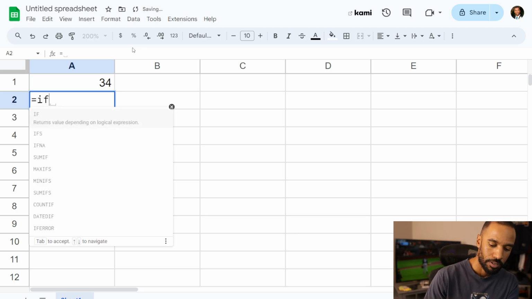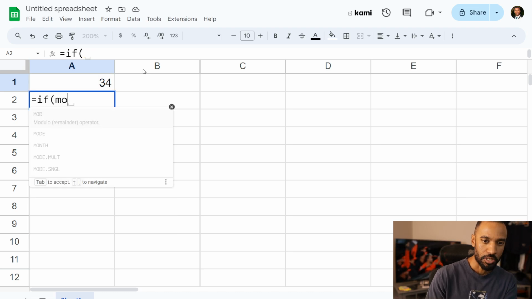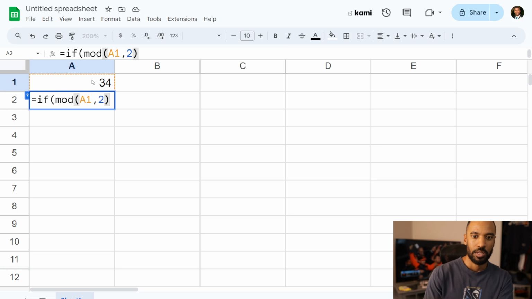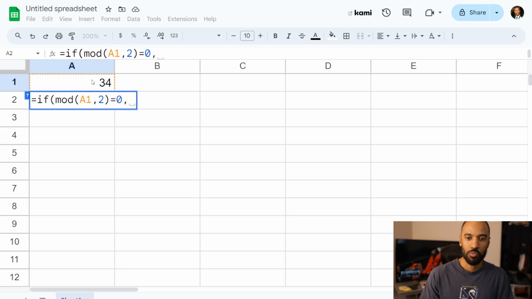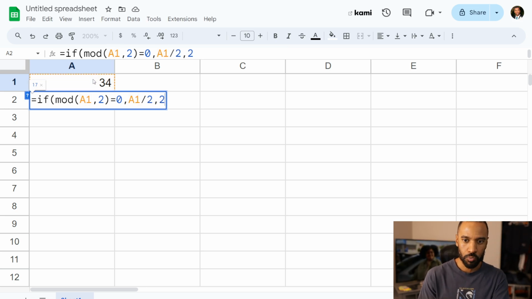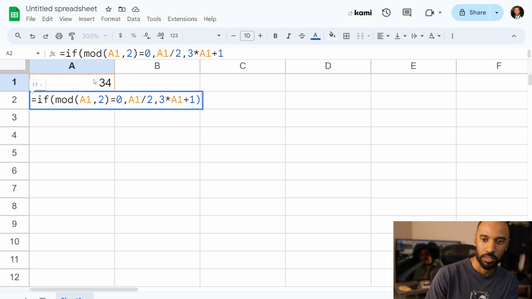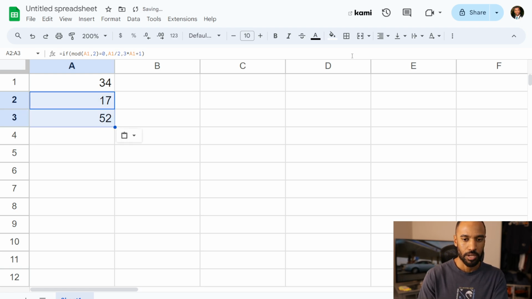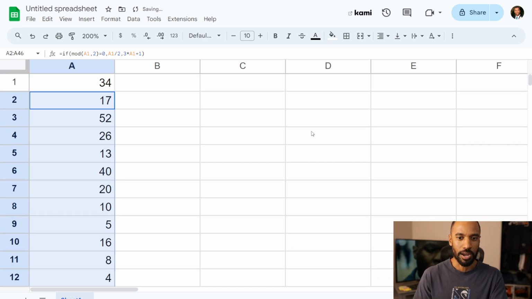If this number is even, basically, if I do a mod of this number by 2 and it's 0, then we will divide this number by 2. If not, we will do 3 times this number plus 1. Let's see if this works. 17, copy, paste. Okay, watch this. Copy, paste. Boom.